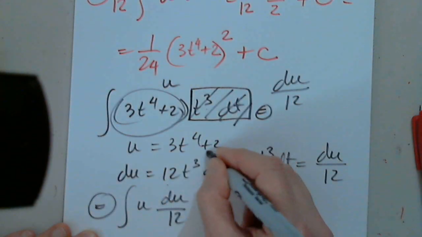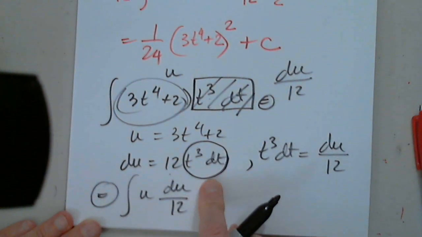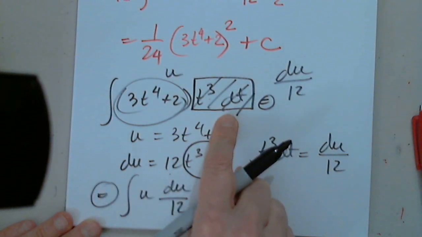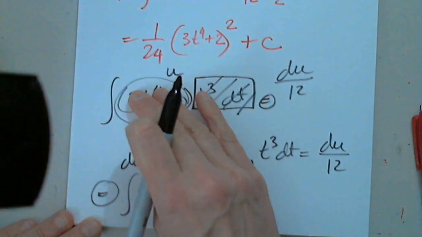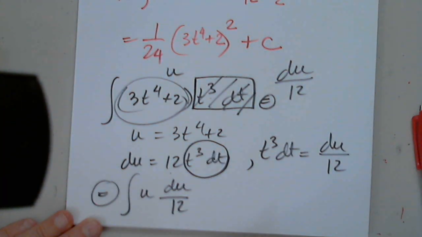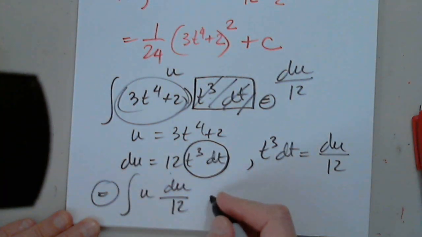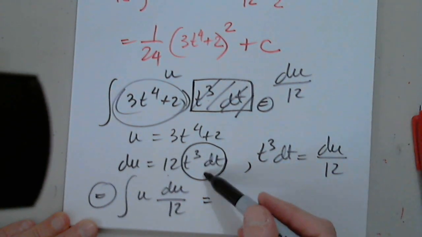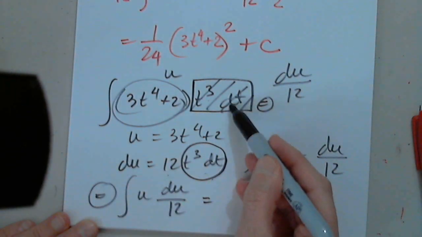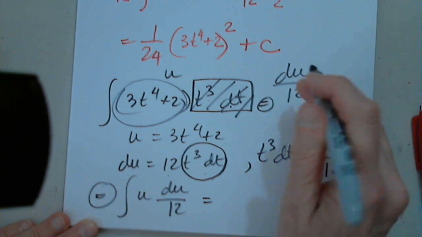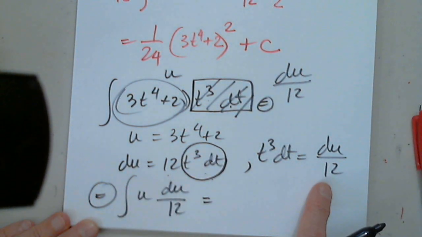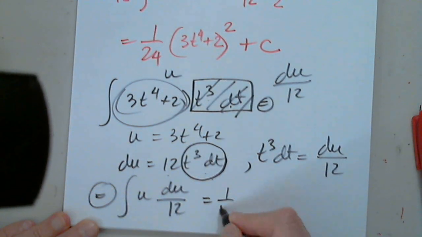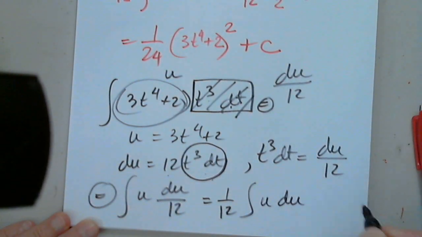Okay, so this piece is du over 12, and this is u. So you're just replacing it. I have to solve for it in order to put it in here. I cannot just say it's du because it's not du. It's du divided by 12. Okay, so you just replace it, and you have 1 over 12 in front, and this is u du.